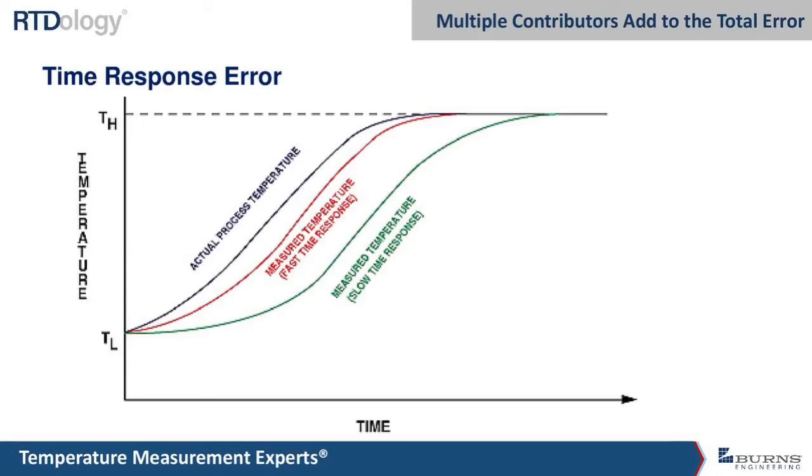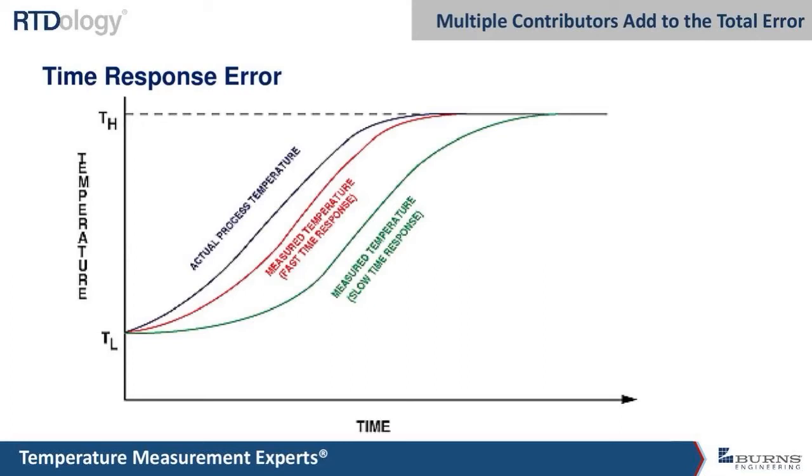So that can be a real big problem, and it can be several degrees based on what the process is doing. So you do need to take this into account, and there are methods that we can use to speed up a temperature probe or slow one down.